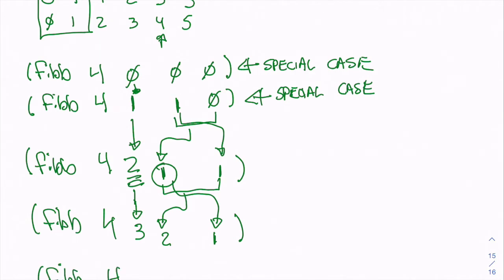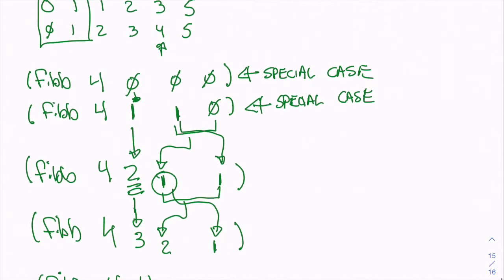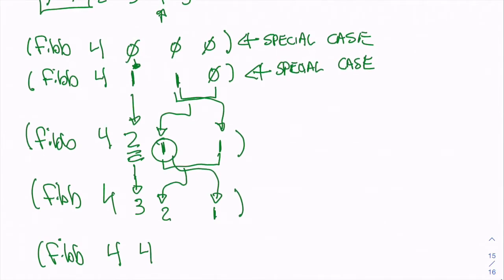And then finally, we'll do fib 4 of 4. And the solution to fib 4 of 4 is we're going to take these two and add them together. That's going to give us 3, and our previous will be 2.